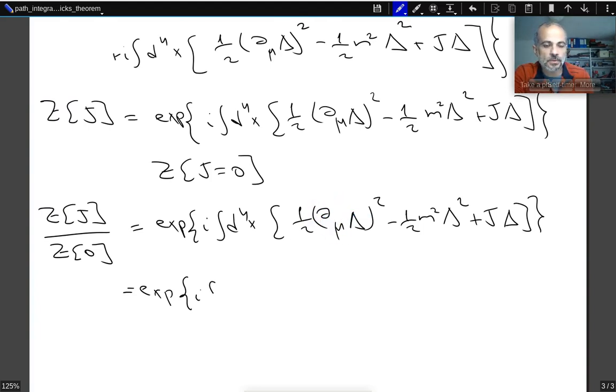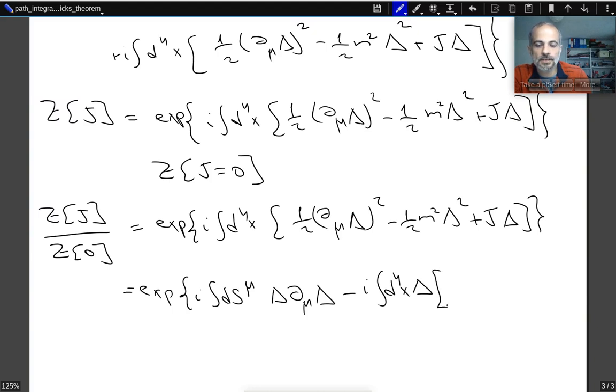That would give me a surface integral of delta del mu delta, minus i d4x. Every term will contain a delta: 1 over 2 the d'Alembertian acting on delta plus m squared delta minus J times delta. This is my new exponent.